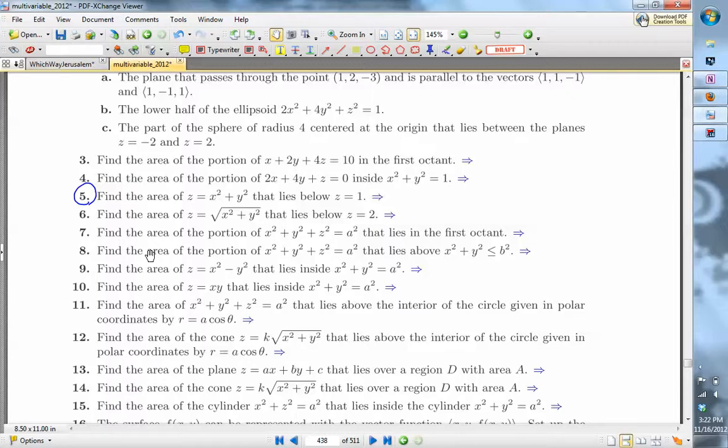So I'm going to do this using the parametric approach. Okay. If I have time, maybe I'll do it two ways.